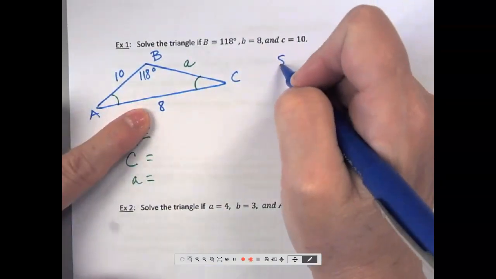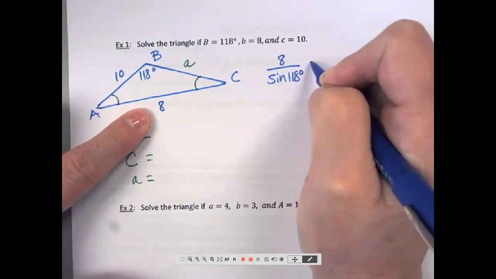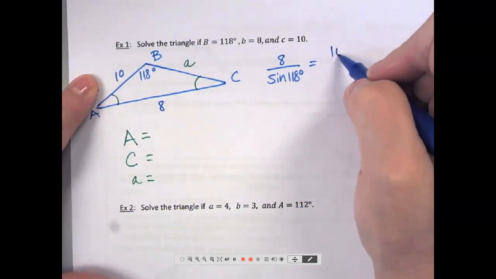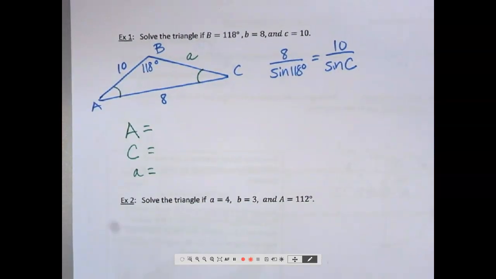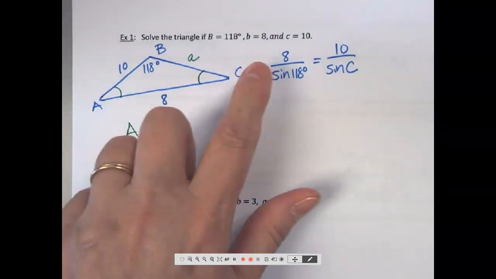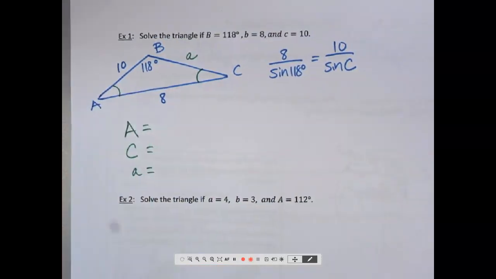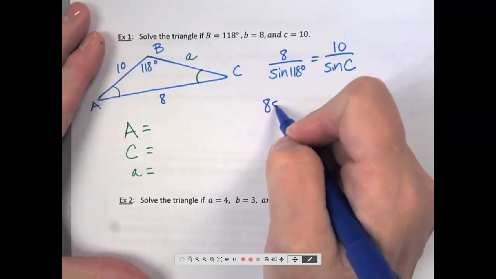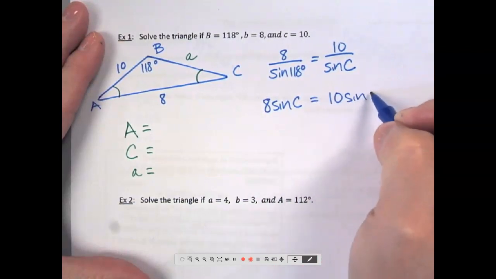So I'm going to say 8 over sine 118 equals 10 over sine of C. I don't have any part of the A fraction, so I can't use it. I don't know the angle or the side of A. We're going to cross multiply: 8 sine C equals 10 sine 118.